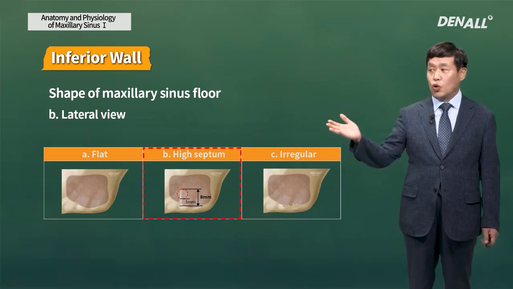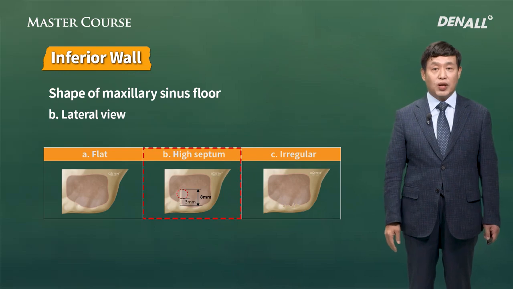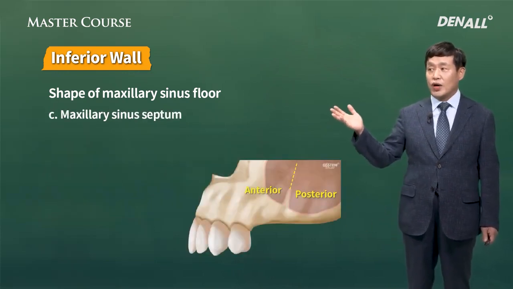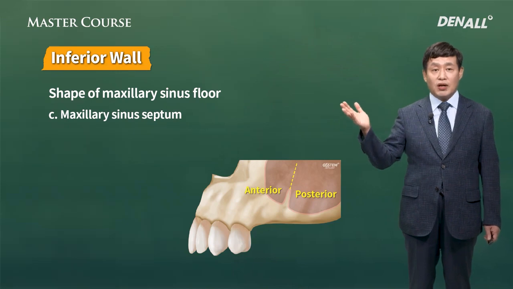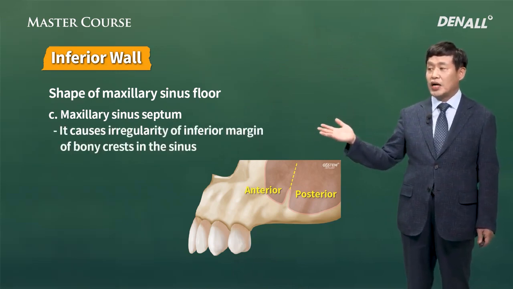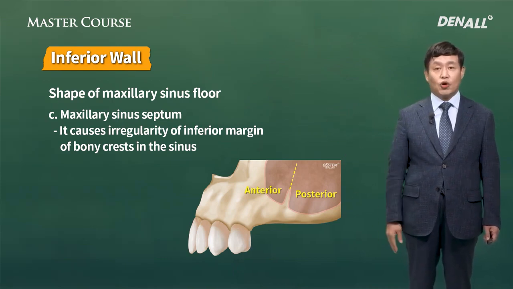Next, if there is a high septum, when you do the surgery, that can pose some inconvenience. Septum can exist in the sinus floor. It causes irregularity of the inferior margin of bony crests in the sinus, which causes some problems.